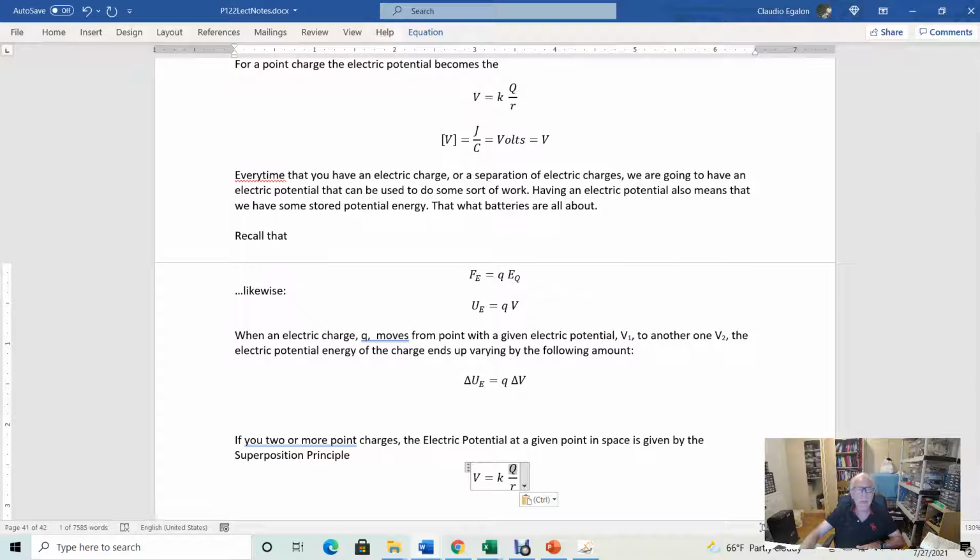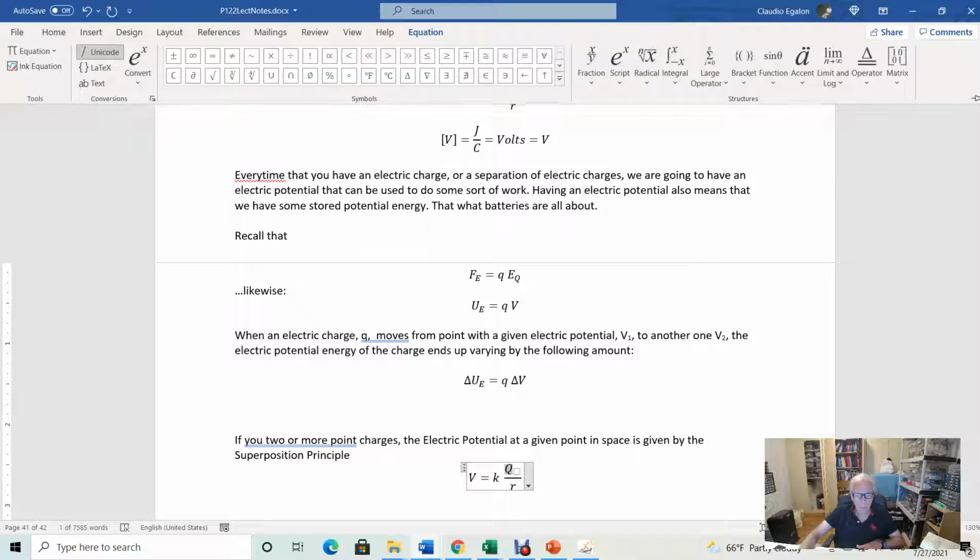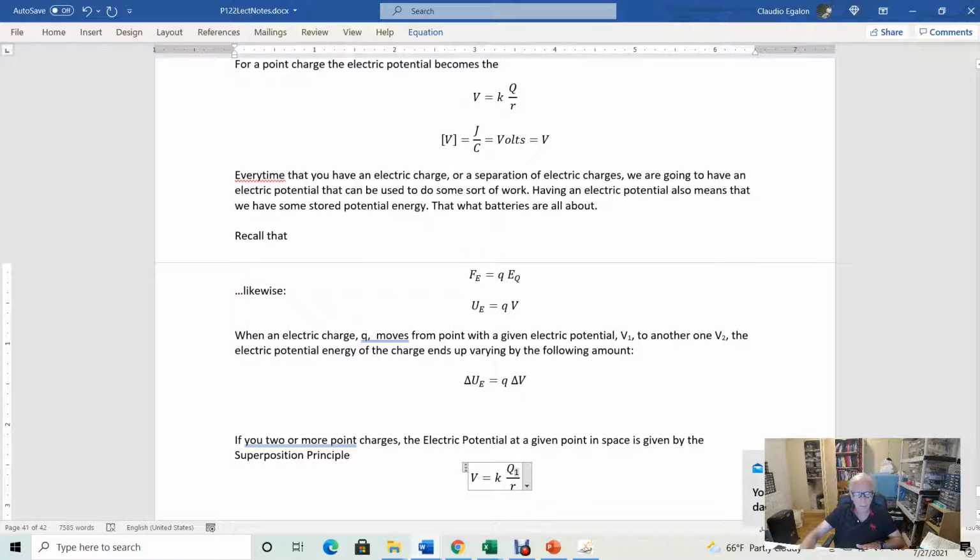It's going to be Q1. By the way, the distance is not going to be any R. It's going to be the distance to charge 1, right? We're going to have Q2, and again, it's going to be the distance to charge 2, and so on.